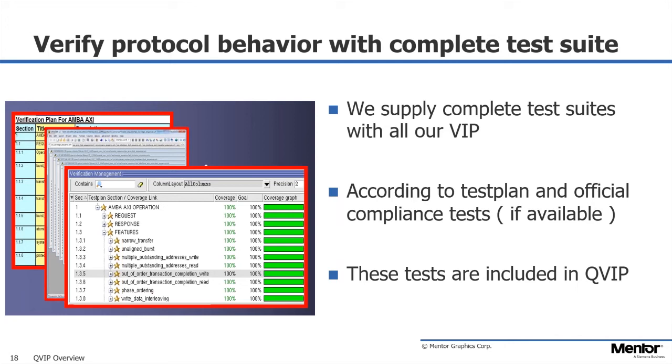But sometimes you actually will find that things aren't necessarily working correctly. And by having these compliance tests, if you are seeing a problem, you can drill down into exactly what the problem is, and that helps you go back to Xilinx and say, hey, there's a problem with this bus. So these are all included with all the Questa VIP.